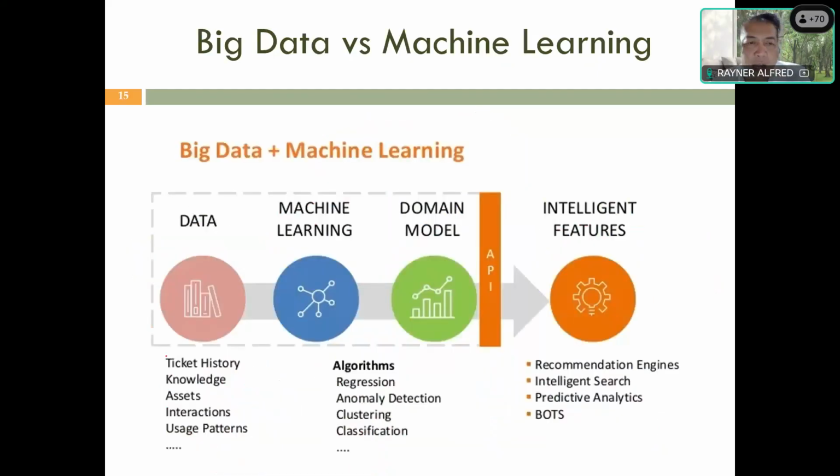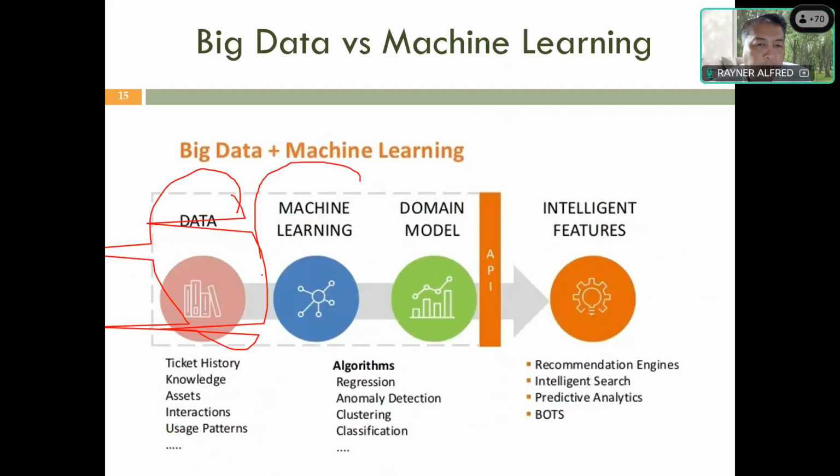So as I mentioned just now, you have your data, you have your machine learning, you have your domain. The domain refers to whether you are in agriculture, education, healthcare, or in biodiversity, aquaculture, and many more. So you have all this data, machine learning, and domain.